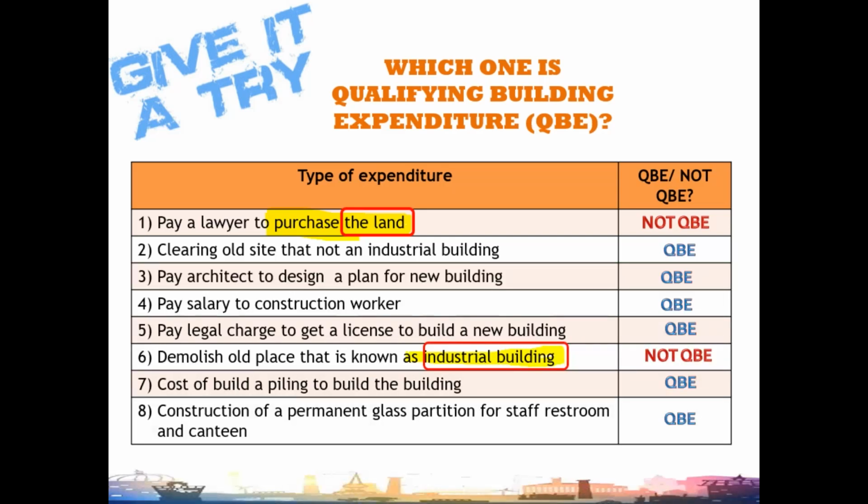Did you answer all of these questions correctly? If yes, congratulations. If not, never mind, this is a new topic. Hopefully after this you can get a clearer view of what can be identified as QBE and what is not.